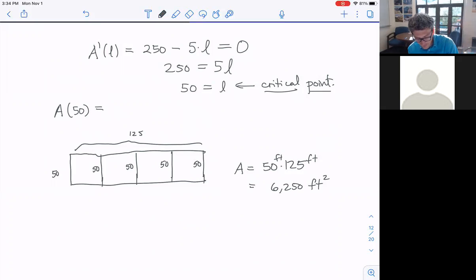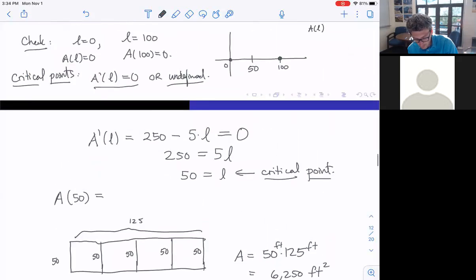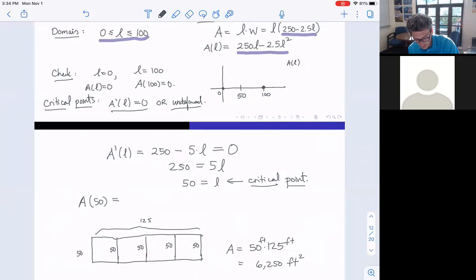And of course, we would get the same thing if we just plugged it into our formula. Remember, we had a formula for A of L: 250 length minus 2.5 length squared.